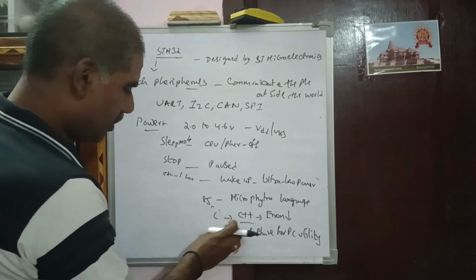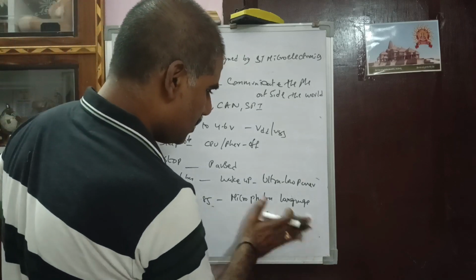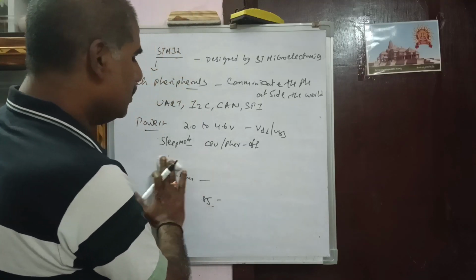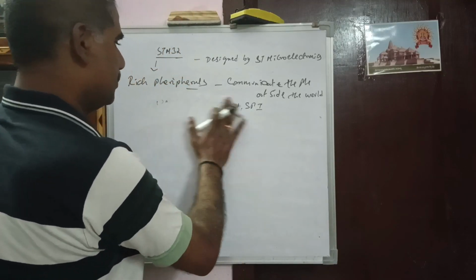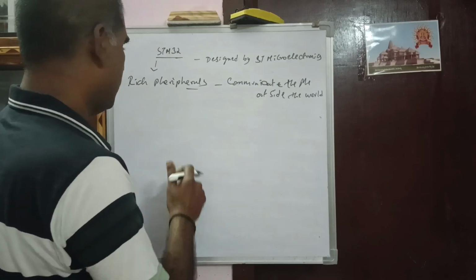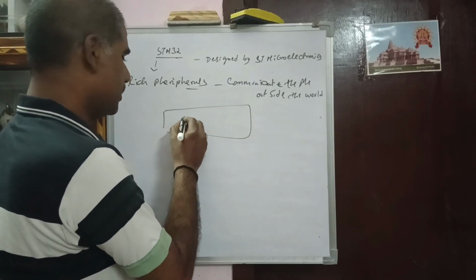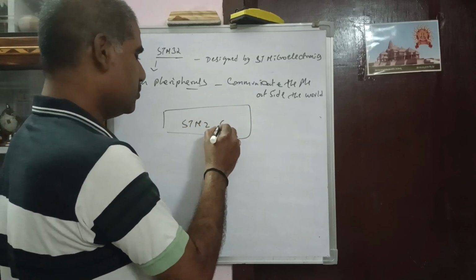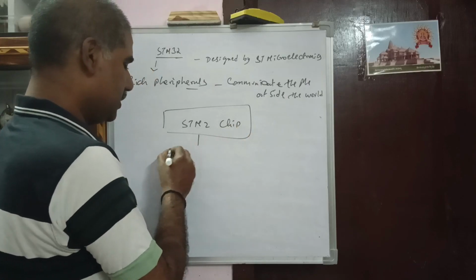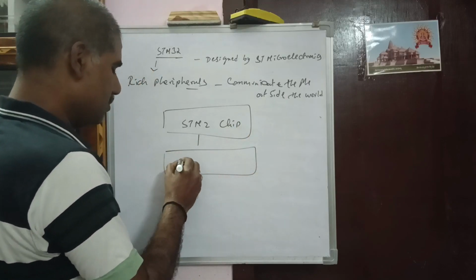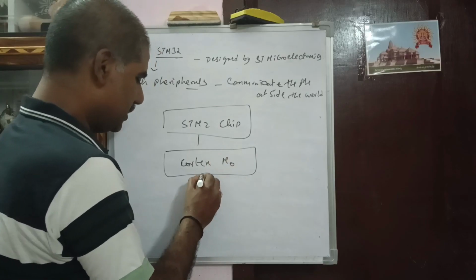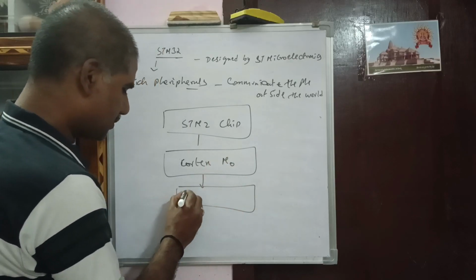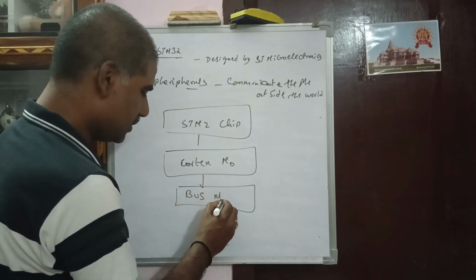How does the STM architecture look? Mainly it consists of the STM32 chip. Next it is followed by Cortex-M0, followed by the bus matrix.